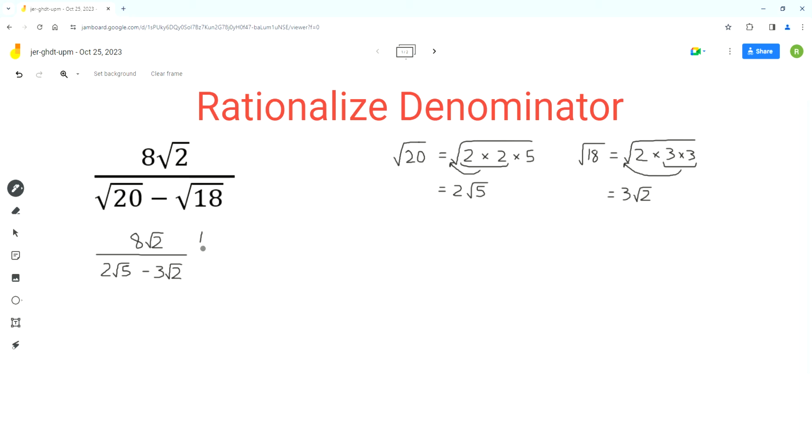So in this case, we'll multiply the numerator by 2 square root of 5 plus 3 times square root of 2. And we do the same thing in the denominator, 2 times square root 5 plus 3 times square root of 2.